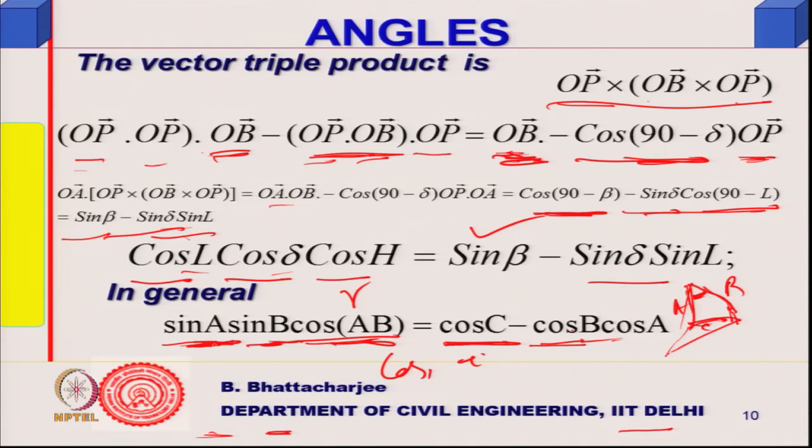So, this is S, this stands for 90 minus beta, and this is gamma, and therefore the formula will come as cos of incident angle equals cos of tilt angle, sin of beta, plus sin of tilt angle, cos of beta, cos of gamma.